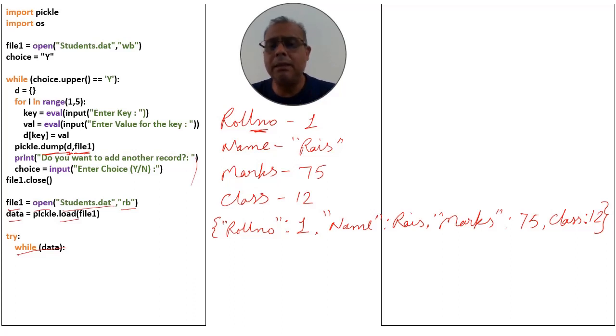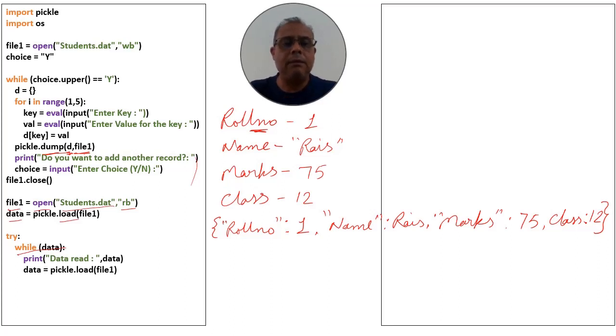The 6th time there will be no data present inside the file because all the data has been loaded into the data variable. So when the 6th time we are again trying to load the data, whereas the data has ended in the file, an exception will be generated. Now that exception will be handled by try block and it will prevent our program from being terminated abnormally.